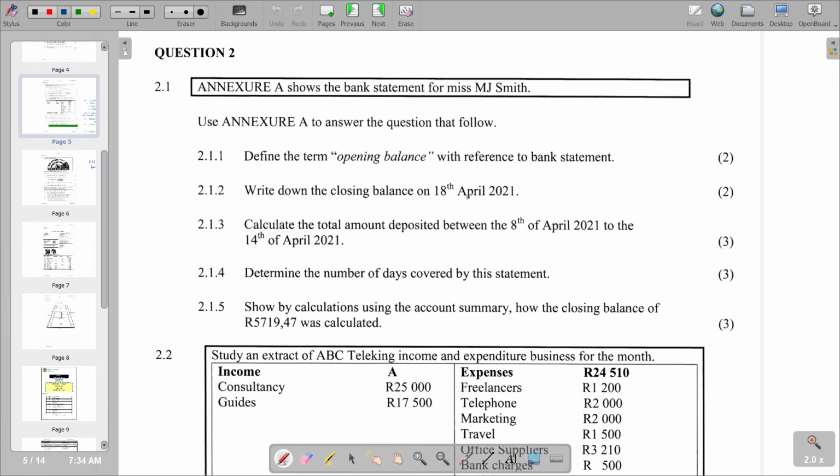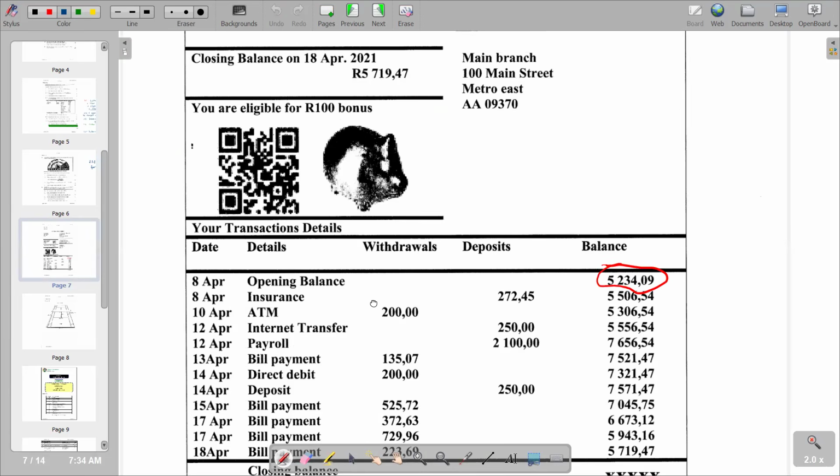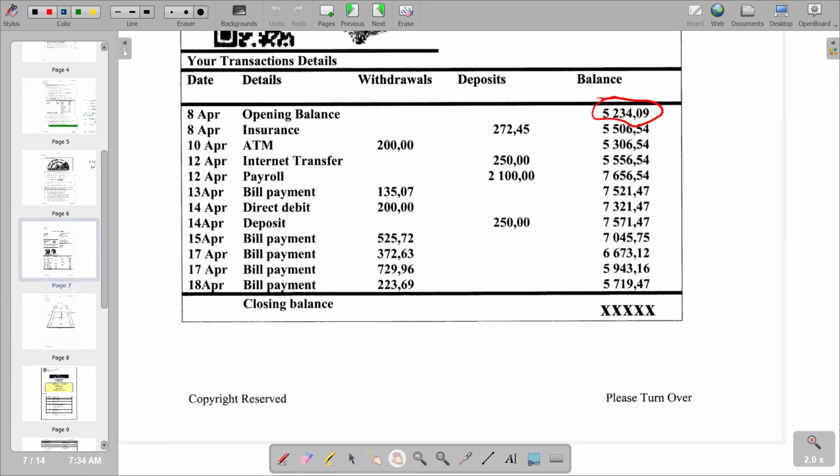I'm going to go to the next question: write down the closing balance on 18th April 2021. We look for the closing balance on 18th April. We put 18th April here, and the balance here. So the closing balance becomes 5,719 rands 47 cents.